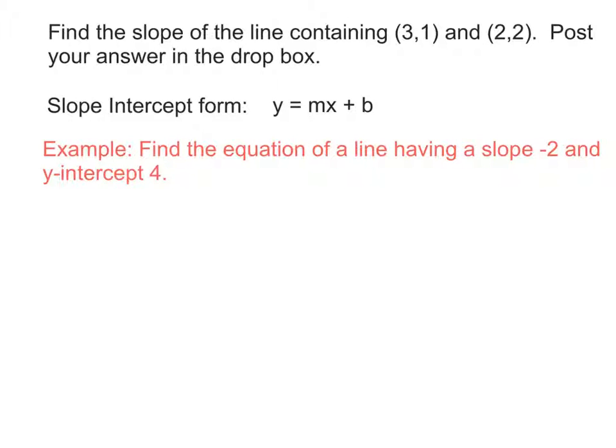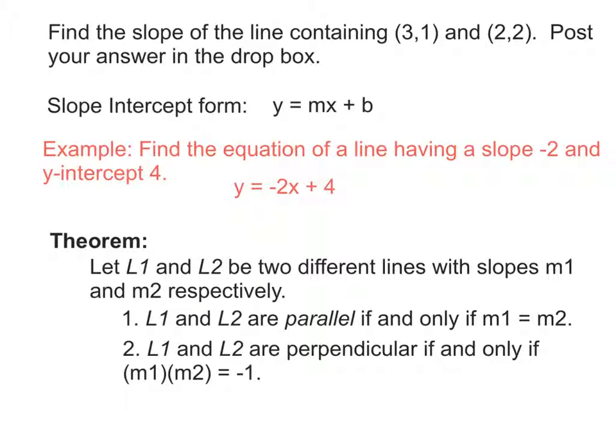So our example is going to be, find the equation of a line having a slope minus 2 and a y-intercept of 4. So our equation, therefore, is y is equal to minus 2x plus 4. Minus 2 is the slope, 4 is the y-intercept.